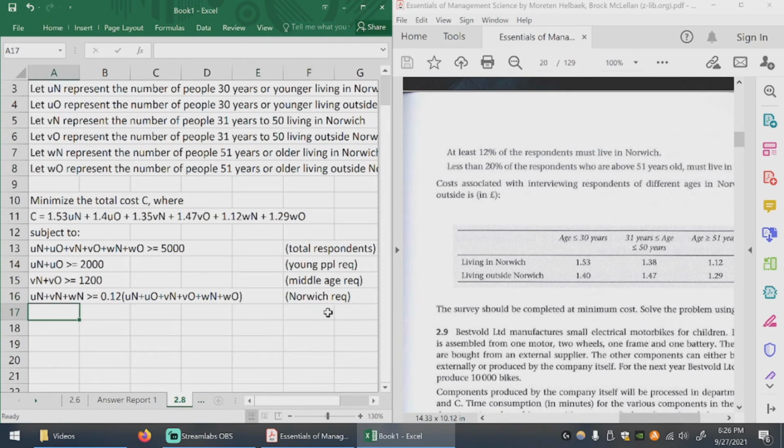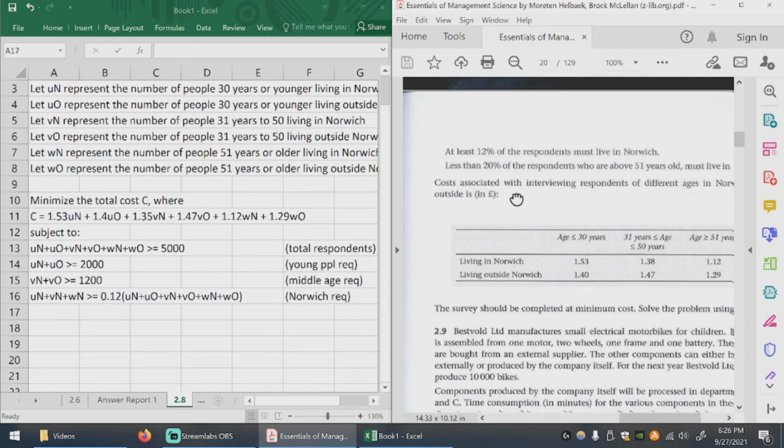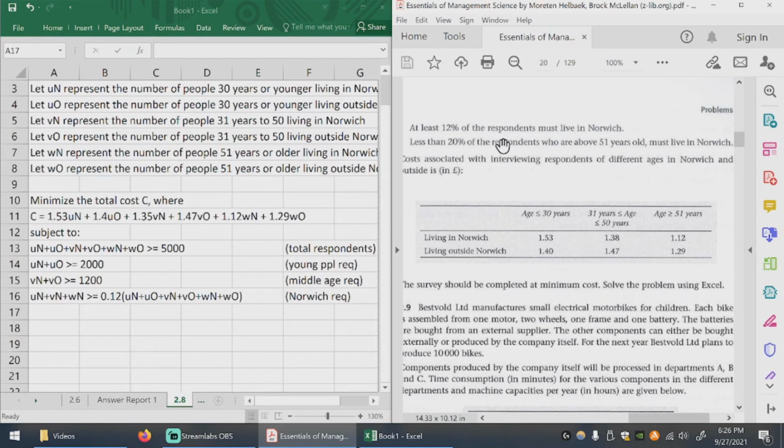That's a tough one. Here's another one. Less than 20% of the respondents who are 51 years old or above, so that means old people, according to this: young, middle, old. Less than 20% of the old people must live in Norwich. Let's just represent some of it. How do I represent 20% of old people?